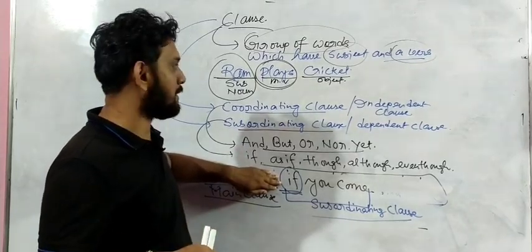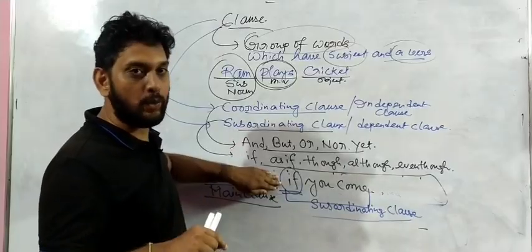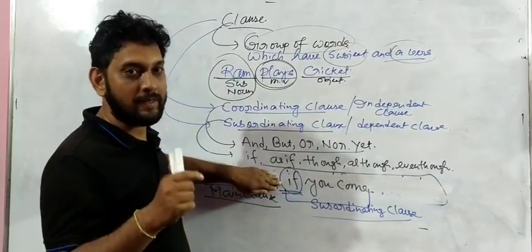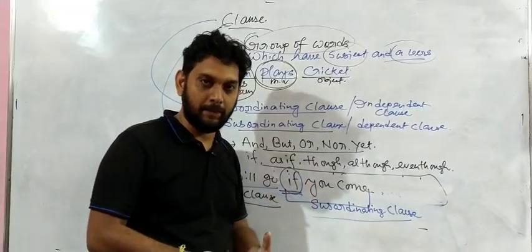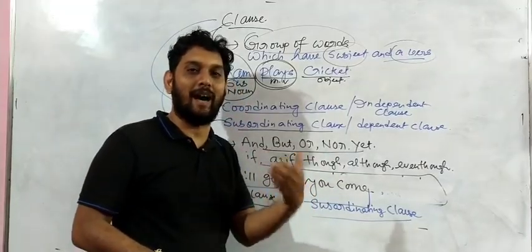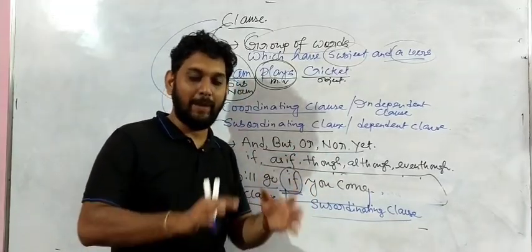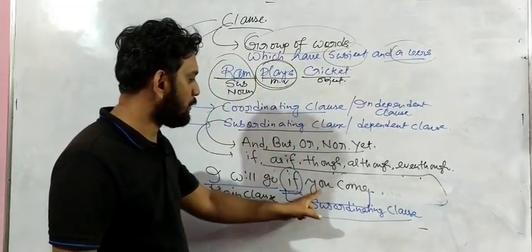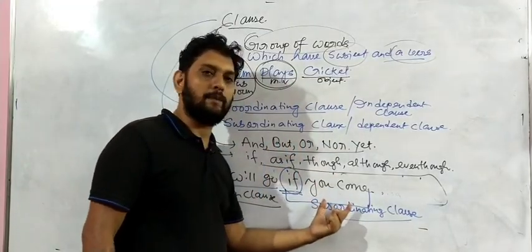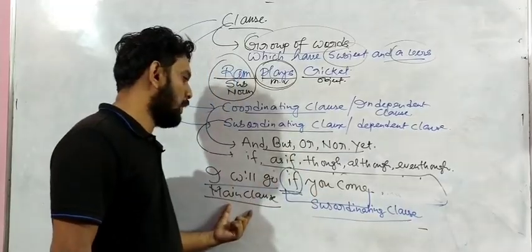So because of this reason, a few minutes back I told you that a clause does not always express its meaning. It depends on other clauses and makes a complete sentence. And what I said over here, if you come, depends on this main clause.